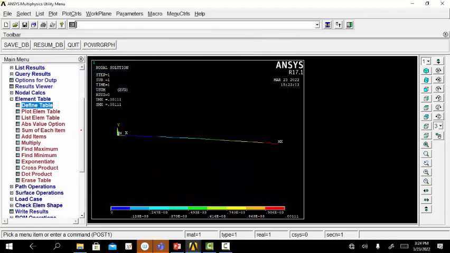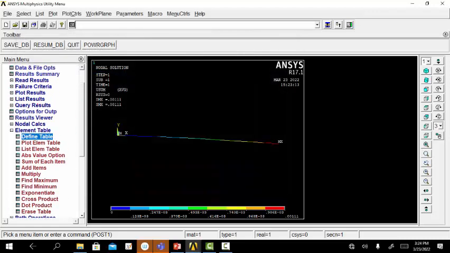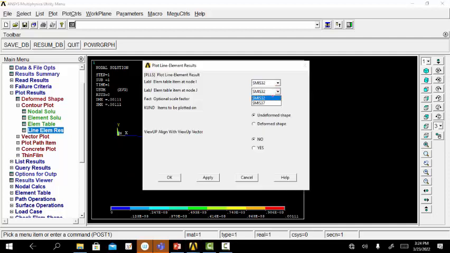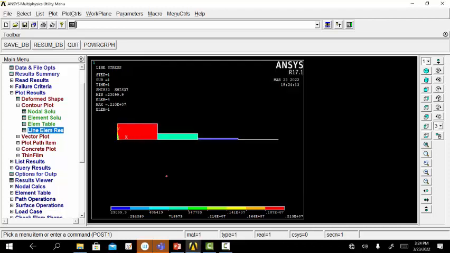Okay, then to read the stress results, go to plot results, line element results, SMISC 32, SMISC 37. Okay, so this is the stress induced result. Okay, the values are obtained with the unit of Newton per meter square.